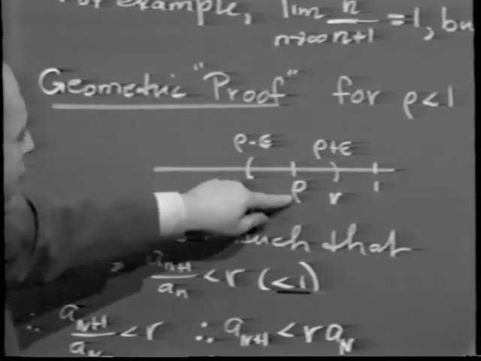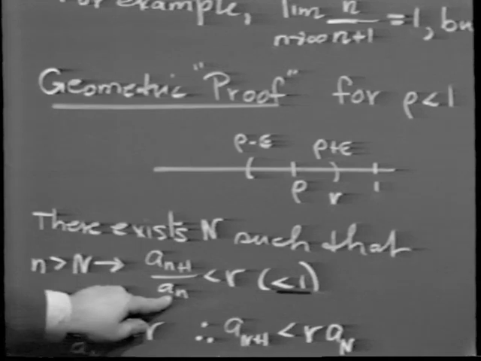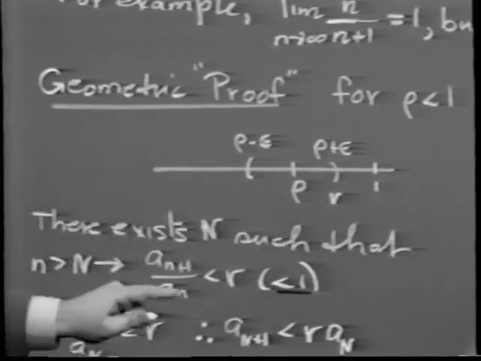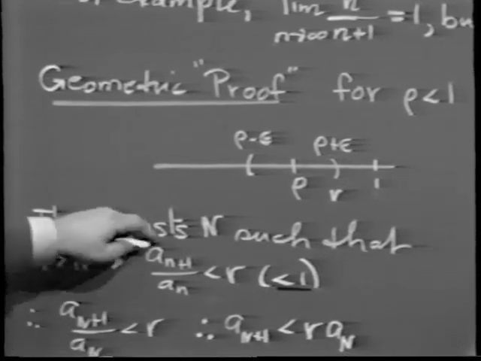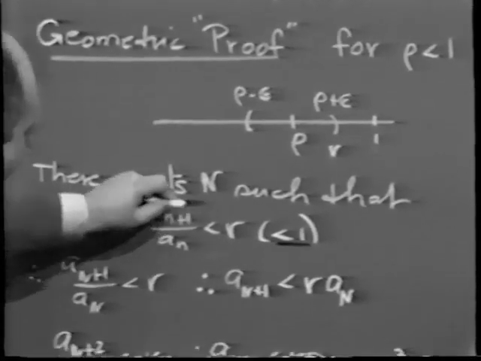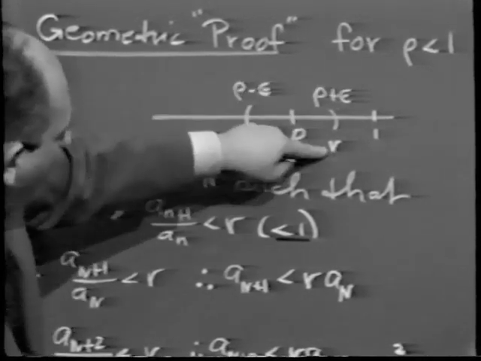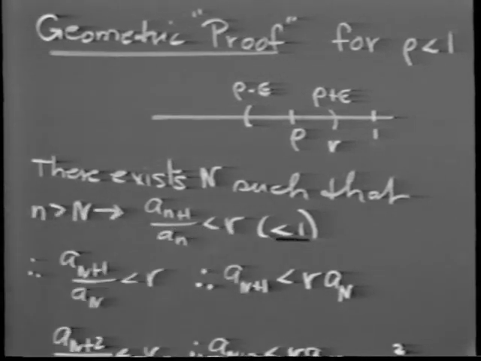Now, by definition of rho being the limit of the sequence a sub n plus 1 over a sub n, that means I can find the capital N for this given epsilon such that whenever n is greater than capital N, a sub n plus 1 over a sub n is less than rho plus epsilon, in other words, is less than r, where r is some fixed number now less than 1.